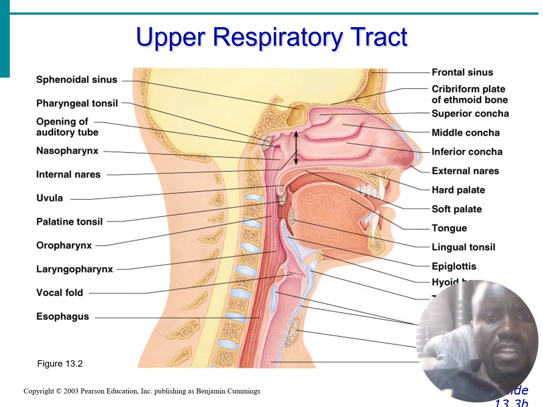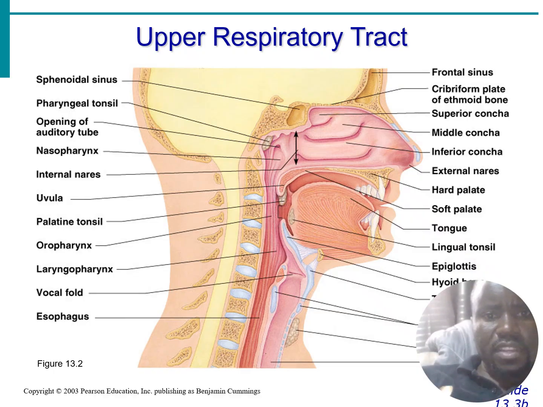It is very important to understand the relationship between the oral and nasal cavity, because most infections that start in the nasal cavity can affect the oral cavity, and most oral infections can also affect the nasal cavity, including the airways.